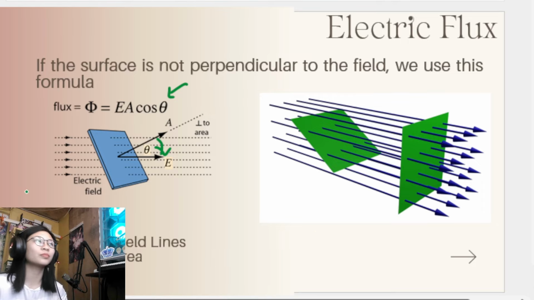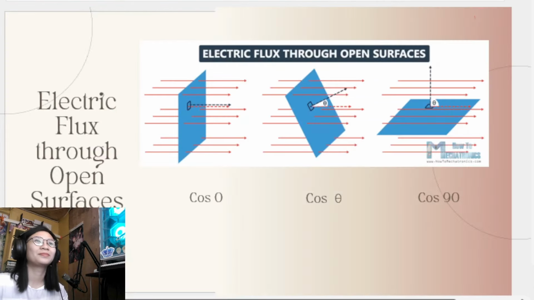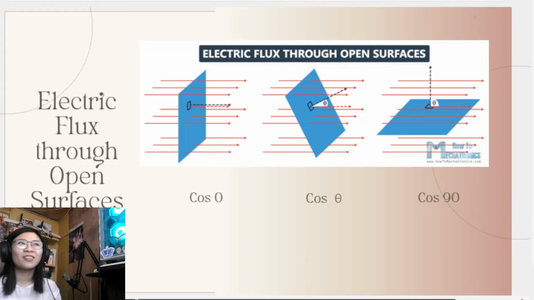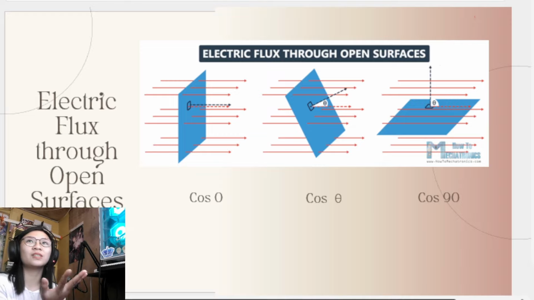So therefore, the electric flux through open surfaces, because these are open surfaces. What do you mean by open surface? Open surface means it has no inside. Open surfaces are like a sheet of paper, or a 2D shape.